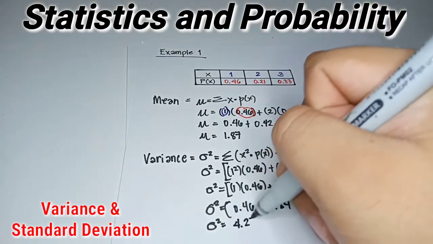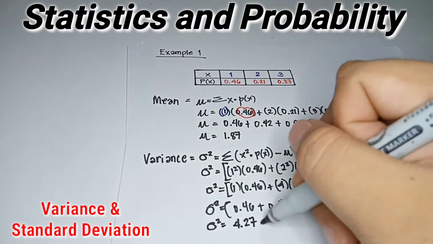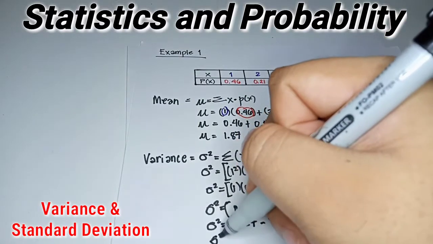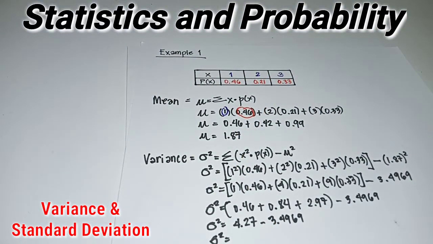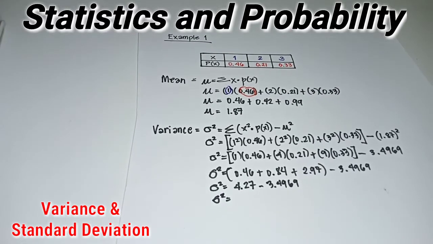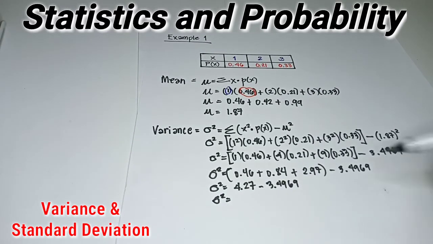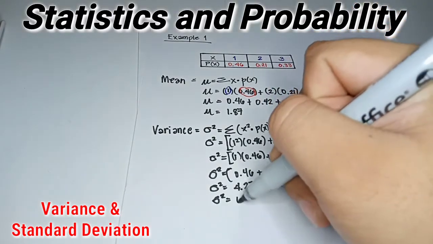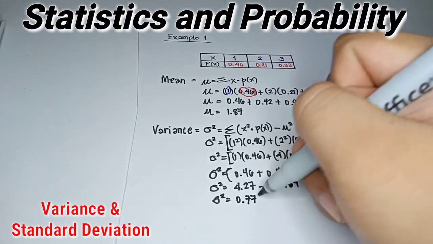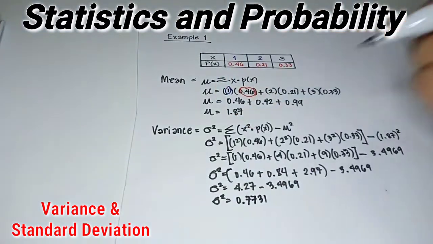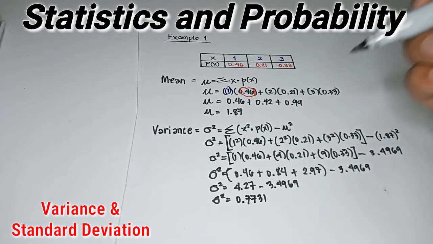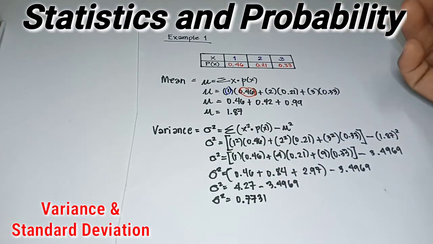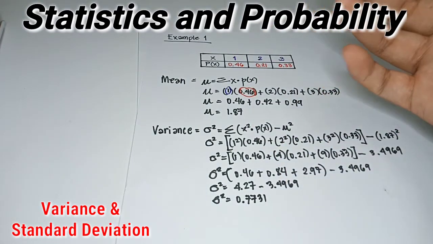So you have 4.27 minus 3.4969. Subtract 4.27 and 3.4969, you'll get 0.7731. So this is your variance, 0.7731. It tells us how wide or spread the distribution is away from the mean.